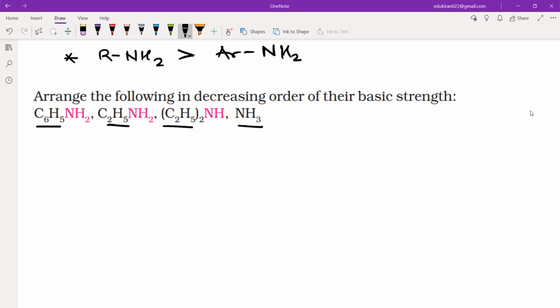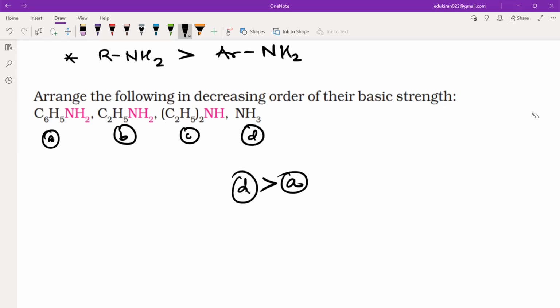Let me name them A, B, C, and D. So A will be the lowest, followed by D.